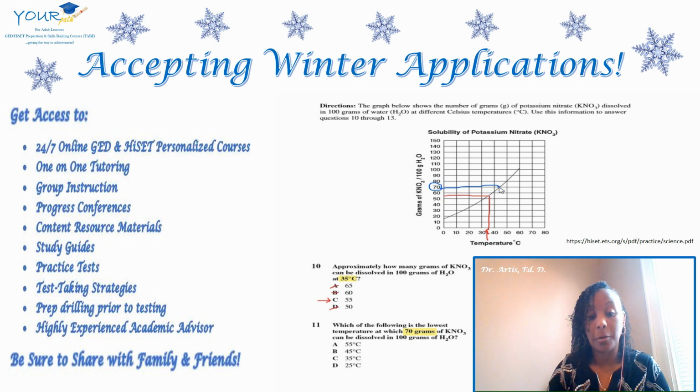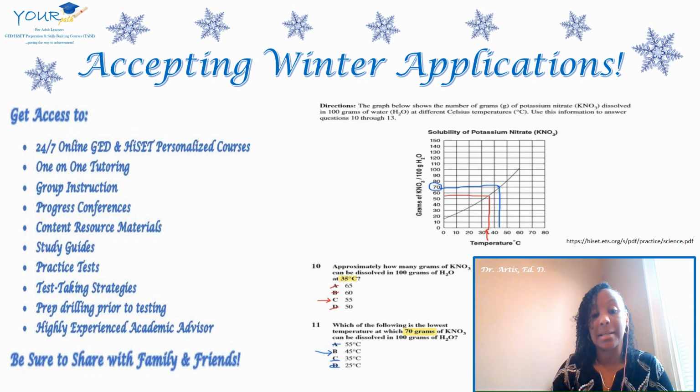So now when we come down the graph to determine the temperature, we see that it is at 45 degrees Celsius. And in this particular case will be option B. Having made this determination, we can now eliminate options A, C, and D because we know that they do not apply. So for test item number 10, we have C, and for test item number 11, we have B.